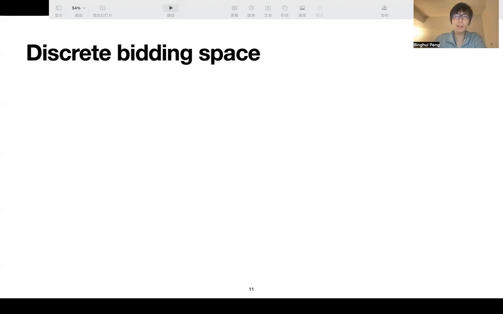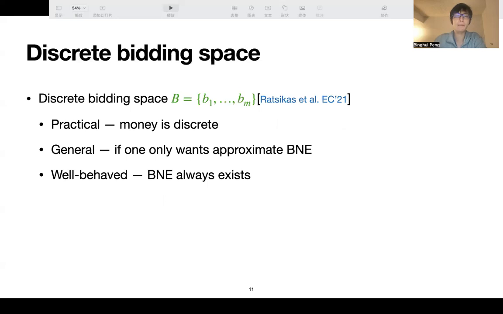We make one minor change to the setup. That is, we assume the bidding space is discrete. That is, we assume each bidder chooses her bid from a discrete set B1, B2 to Bn, where we always assume B1 equals 0.